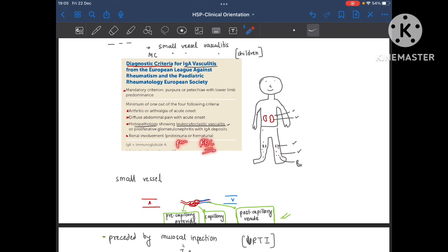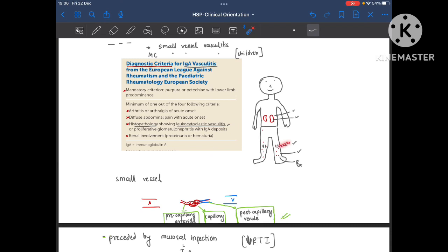It is not more complex. The mandatory criterion comes from the skin, and the other criteria come from the 4 organs: kidney, GIT, joint, and skin. So mandatory criterion, skin, palpable purpura, and of the other criteria, one of the 4 should be present.